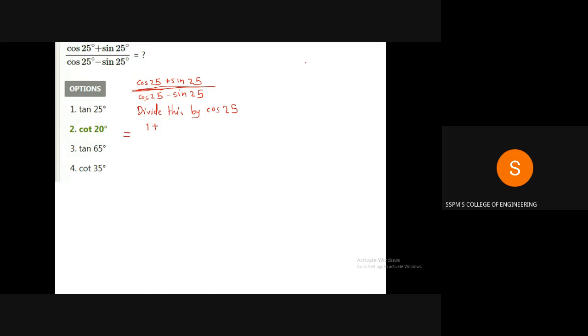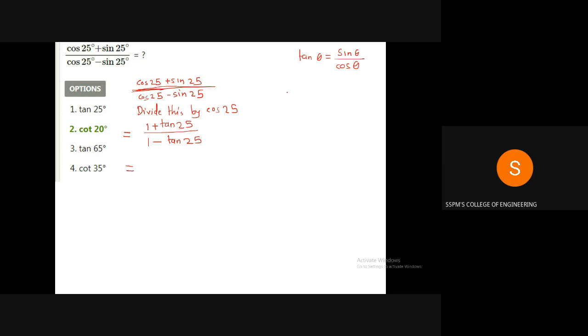Sin theta divided by cos theta is equal to tan theta, so we get tan 25. Again, cos 25 divided by cos 25 is 1, minus sin 25 divided by cos 25 is tan 25. So we have 1 plus tan 25 divided by 1 minus tan 25.